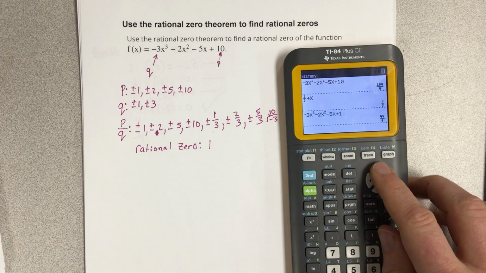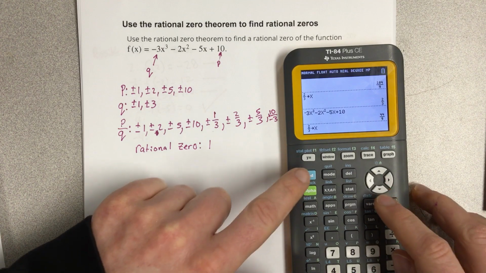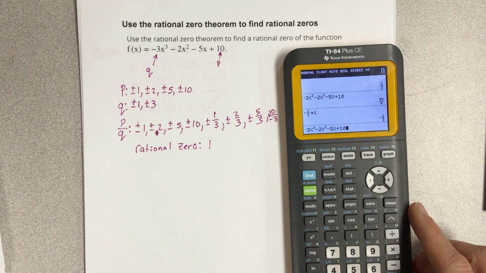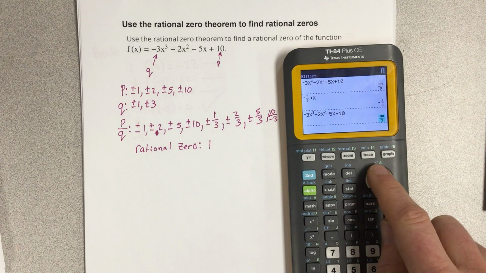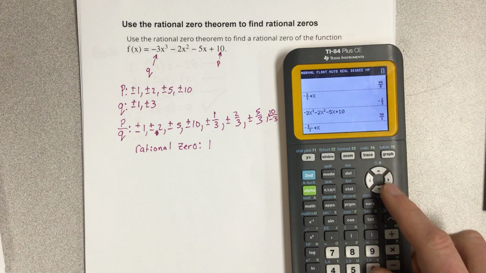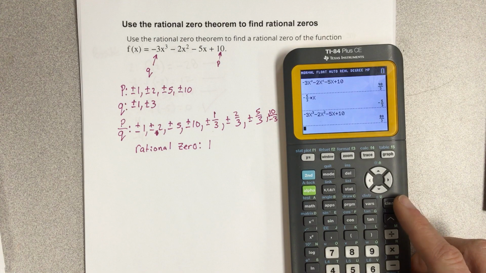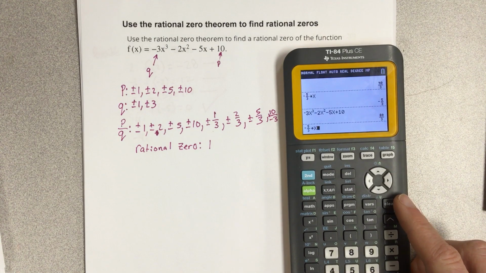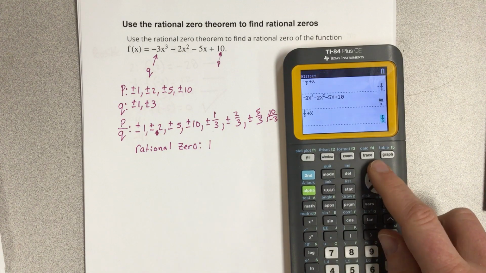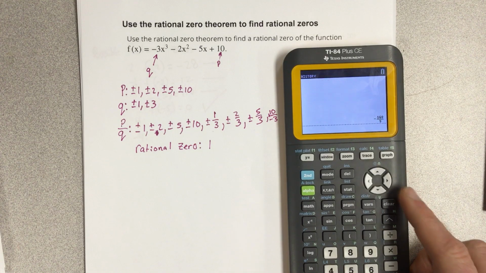Nope. And then we'll take that and go negative 2/3. 5/3. Actually, we'll do negative 5/3 first. Nope. And now we'll grab that and we'll do positive 5/3. And finally, we'll do 10/3.